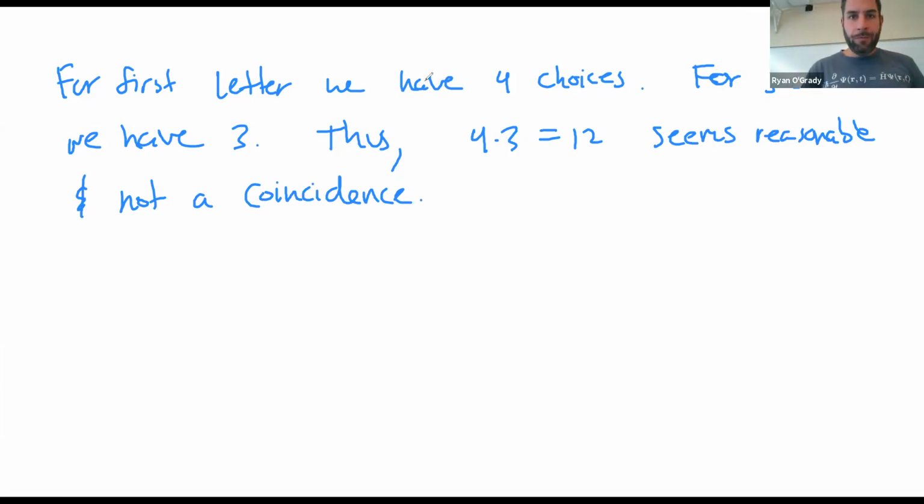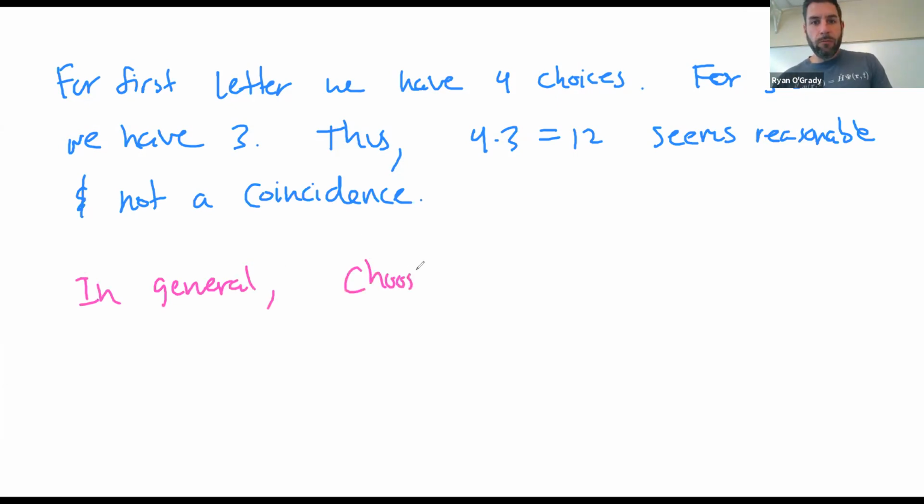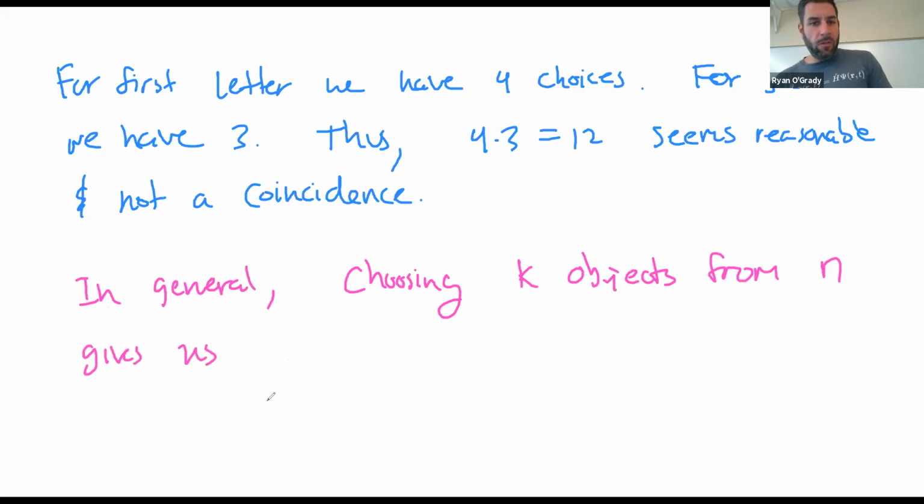So in general, choosing K objects from N gives us the following: N times N minus 1 times N minus 2.